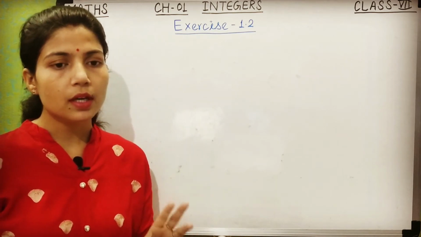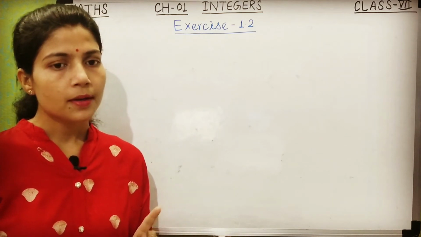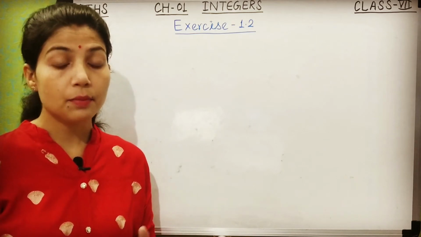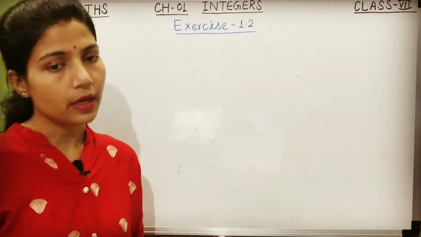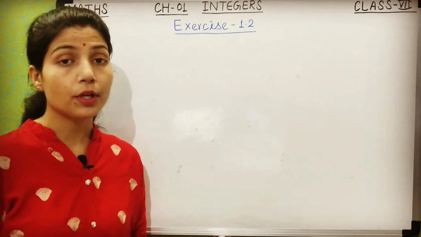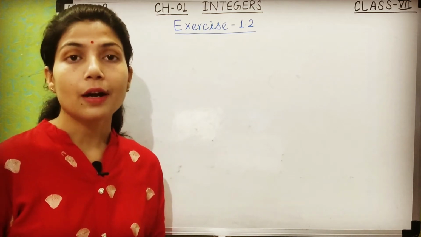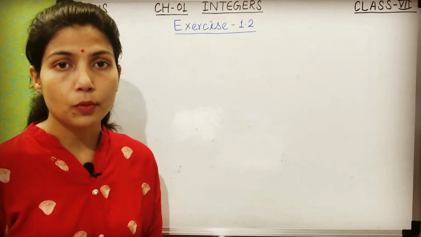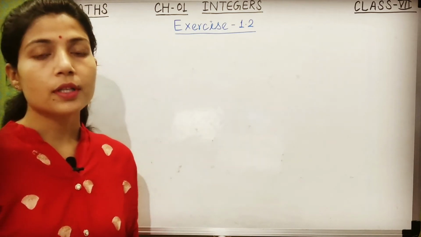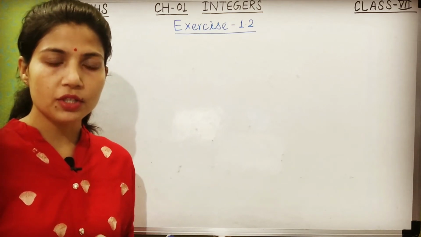Team A has scored in first round -40, 10 in second round and 0 score in third round, and team B scored in first round 10 and second round 0 and in third round -40. So here we have to find out which team has scored more, means which team has won the quiz. For this we have to do the total of the scores of 3 successive rounds for each team.